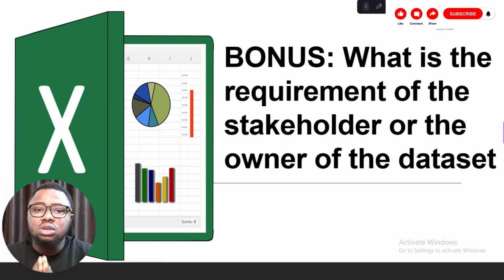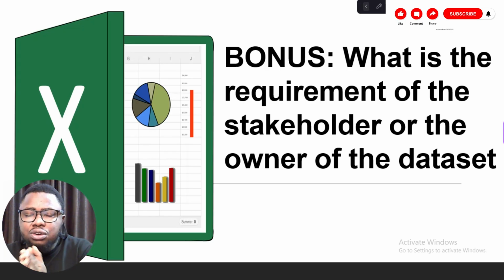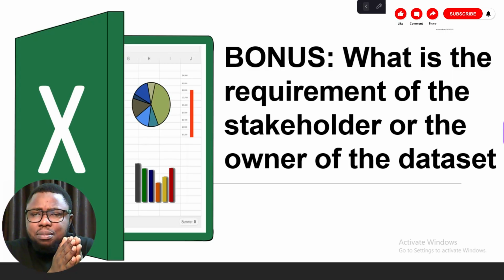They might also ask you, this is the format you are going to use on this data. This is the font you are going to use. This is the font size you are going to use. This is the colors we are going to put here. This is the type of date type you are going to use. I don't want you to use just date. I want you to use a short date or long date or whatever it is.